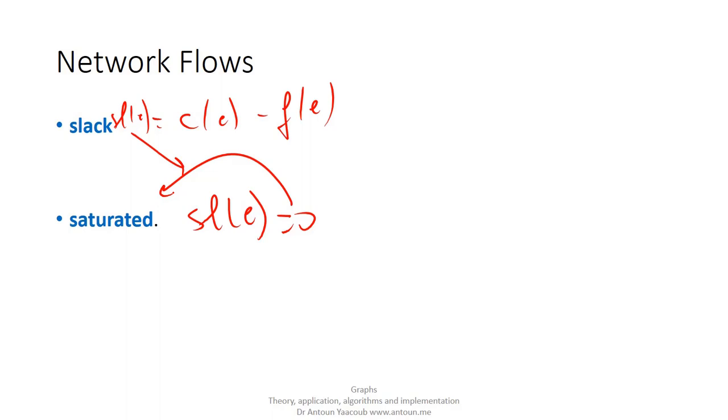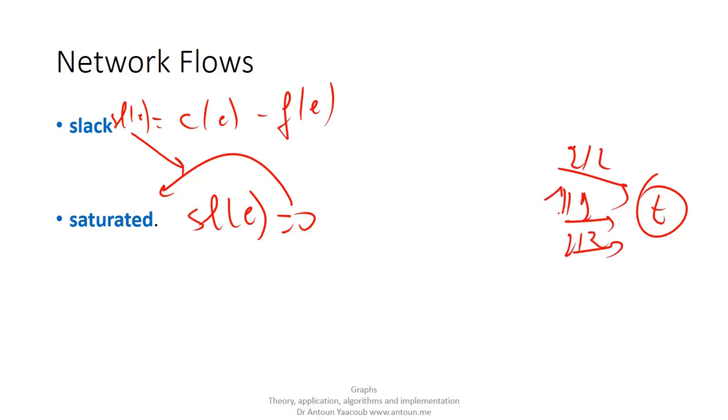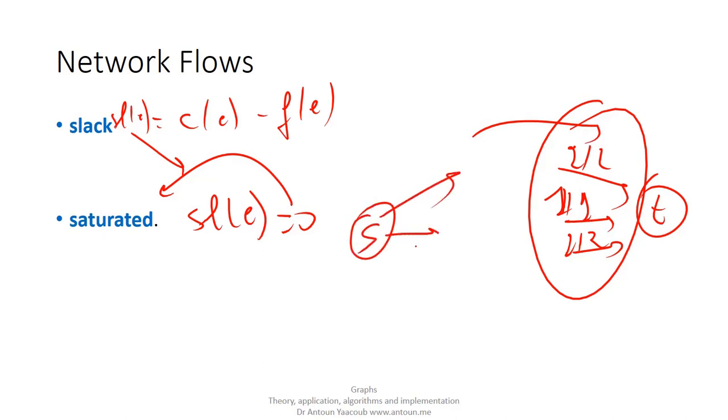Clearly, if every arc into the sink is saturated, then we have achieved a maximum flow. I cannot receive more; this is the maximum that I can receive. Similarly, if all the arcs from the source are saturated, I have sent all that I can, so obviously this is the maximum flow.